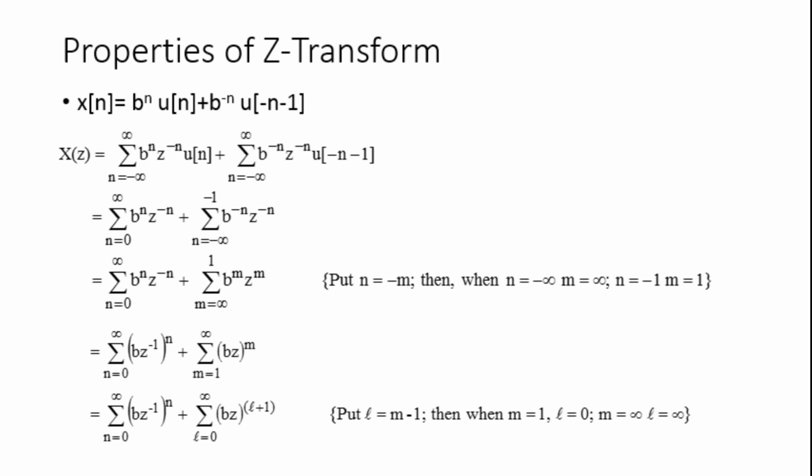Then by putting L equals m minus 1, when m is equal to 1, L is equal to 0, and when m is equal to infinity, L is equal to infinity. Then summation n equals 0 to infinity (b z inverse) to the power n plus summation L equals 0 to infinity (b z) to the power L plus 1.